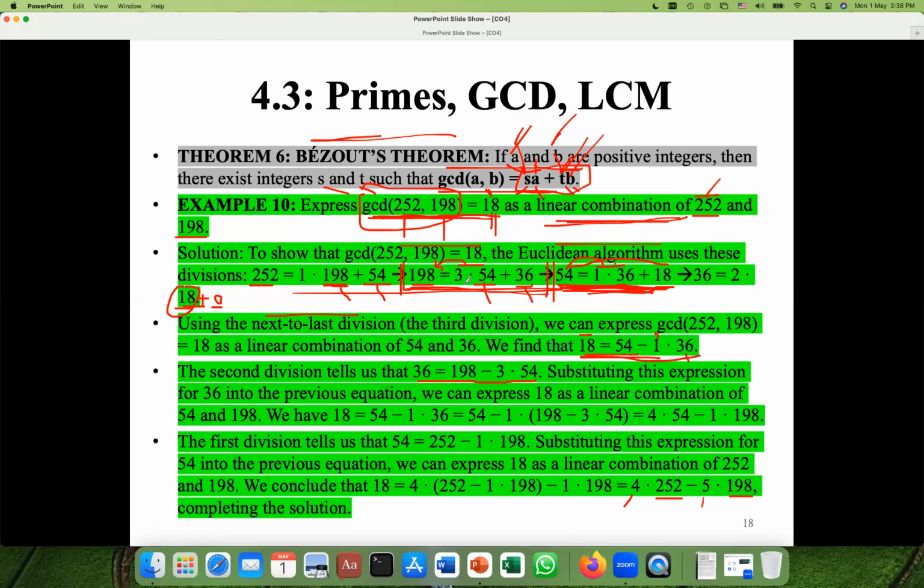Doing the same thing with this second step. You can mark the earlier equation as equation 1. And now, after the next iteration, you have 36 equal to 198 minus 3.54.